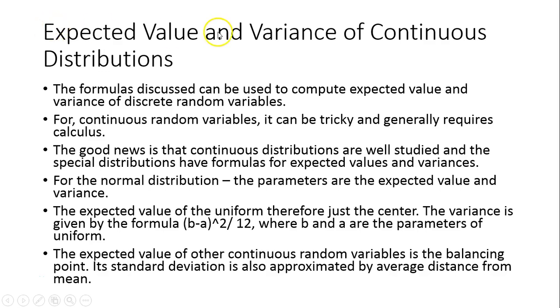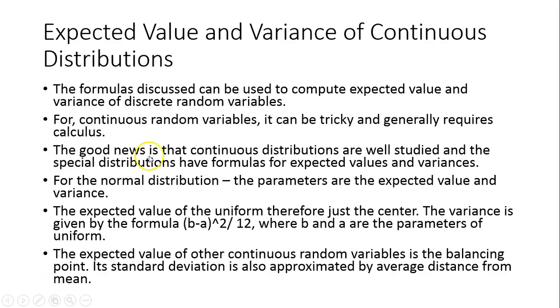What about expected value and variances of continuous distributions? These were discrete, they had formulas. For continuous distributions, it's a little bit more tricky. The formulas discussed can be used, but it can be tricky and generally requires calculus, if you want to know.